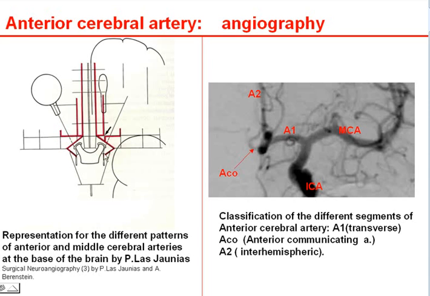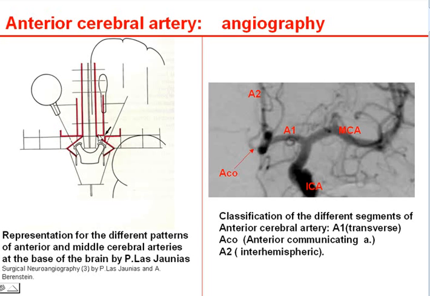There are lots of pattern variations in the A1 and A2 segment divisions. And sometimes you can have early branches of the MCA, even the middle cerebral artery coming from the end of the A1 segment or A2 segment.